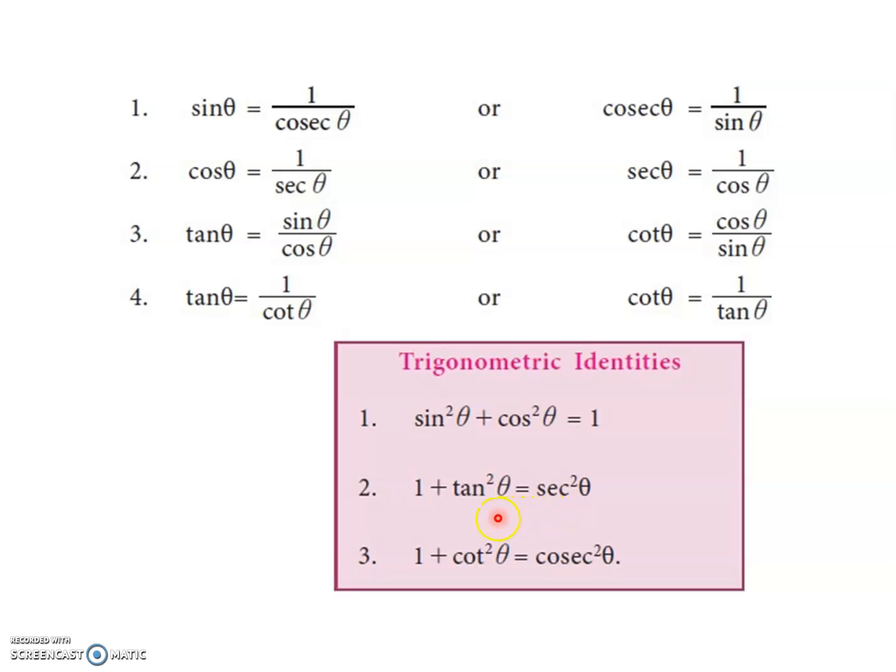Now if we equate, then sec square theta is 1 plus tan square theta. 1 is equal to cosec square theta minus cot square theta, or cot square theta minus cosec square theta is equal to minus 1. In this way, we have to use the trigonometric identities.